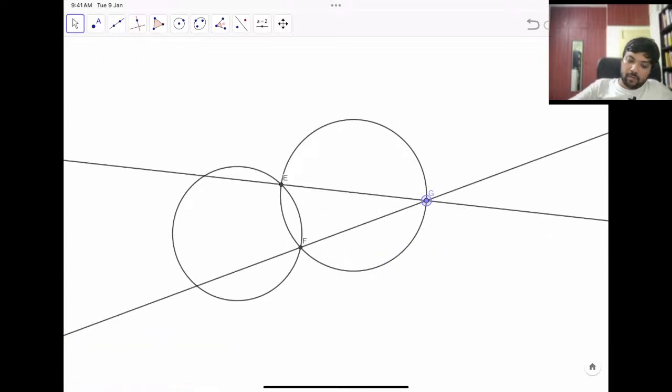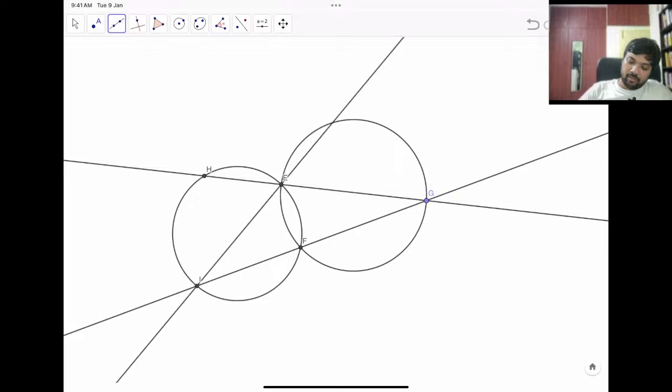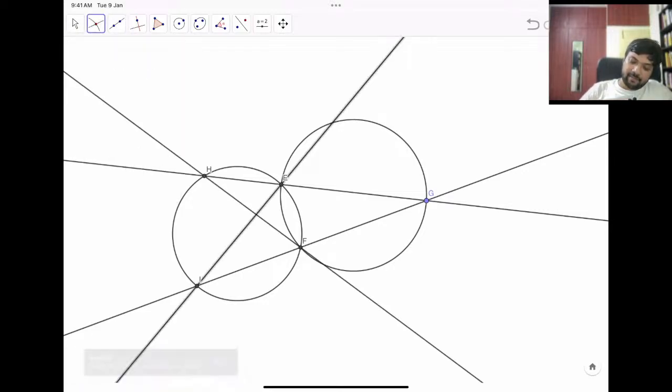Let's move it like this. So nice, we can move the points. Okay, HI. And what is it that we have to do? I apologize, guys, for the spoiler with GeoGebra, but I think we have tried it enough.